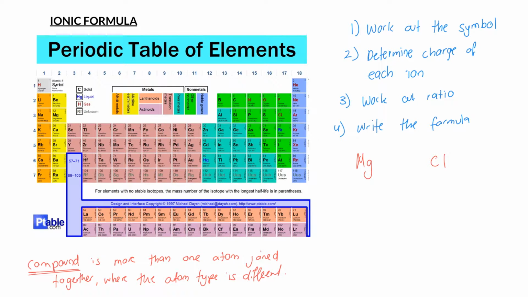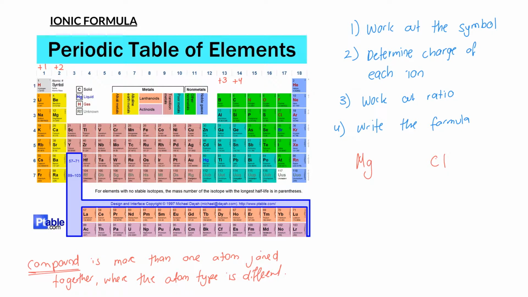Everything in group 1 ends up having 1 electron in their last shell, so they're going to want to donate that away and become a positive ion. In group 2, they have 2 extra electrons and want to become plus 2. Over here in group 3, they want to become plus 3, and that's for the metals. The non-metals aren't going to do that, but the metals will. Then these ones are going to become plus 4, so the metals in that group.